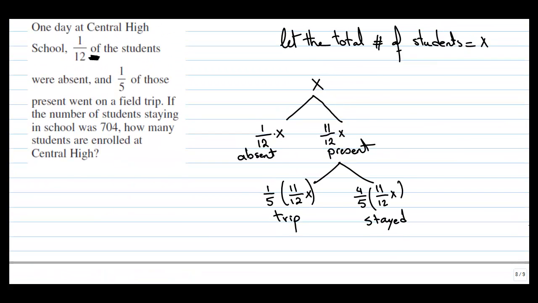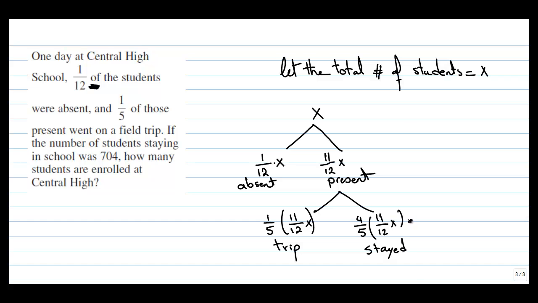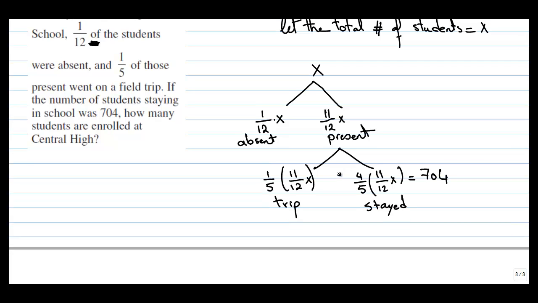They say those who stayed equals 704. Alright? If you do this correctly, the rest is easy. Just gonna simplify this expression here, and that's it. Alright? So let's find X, 4/5 multiplied by 11/12. X equals 704. Right? Let's simplify it further.